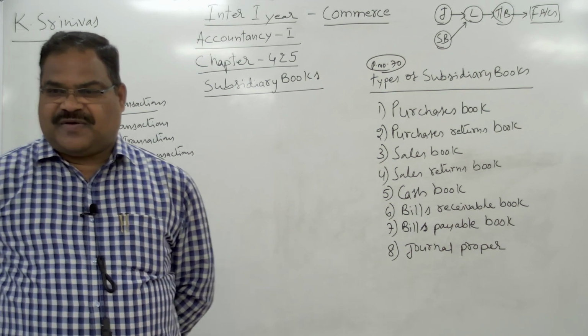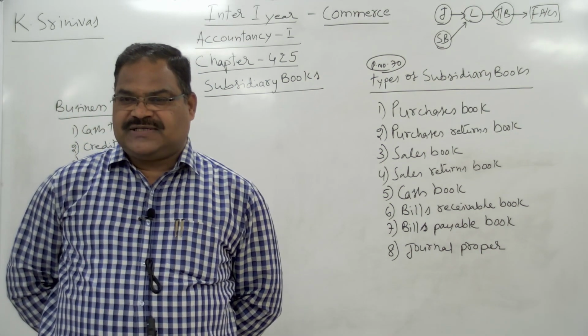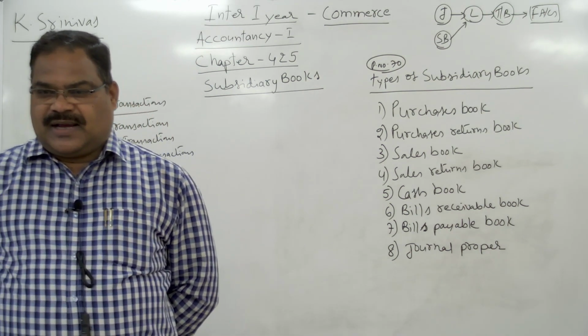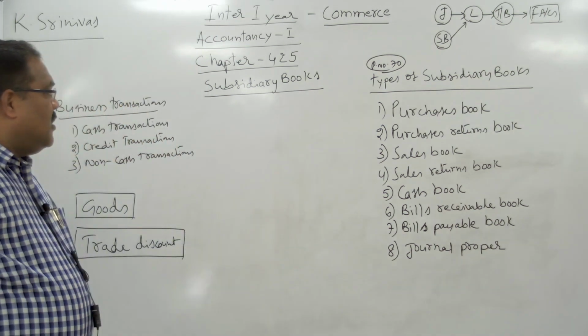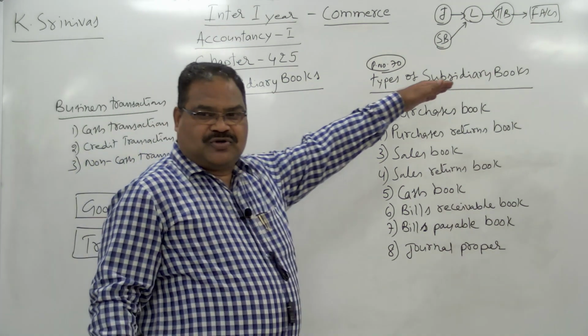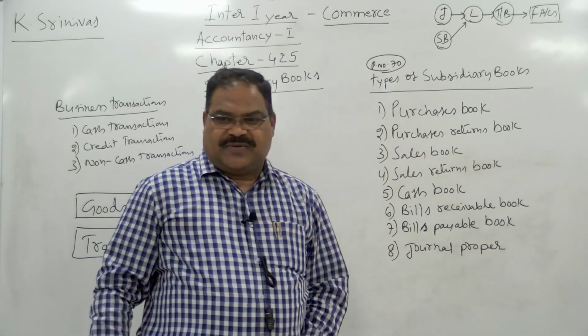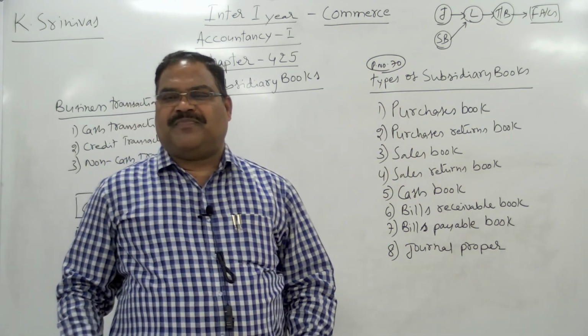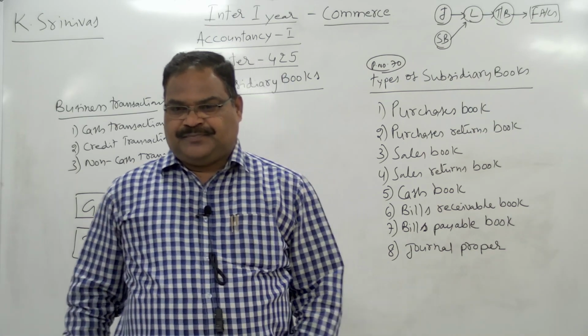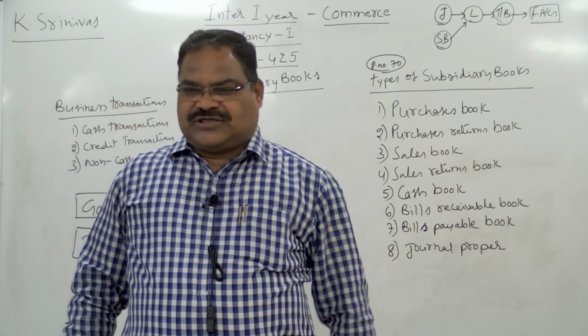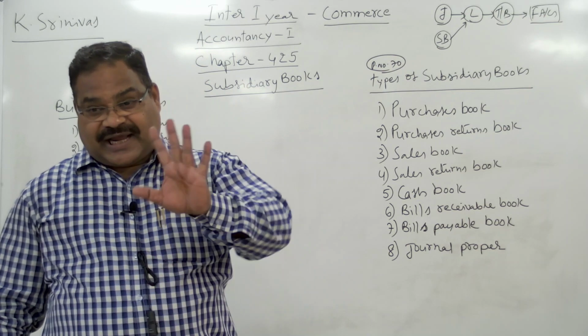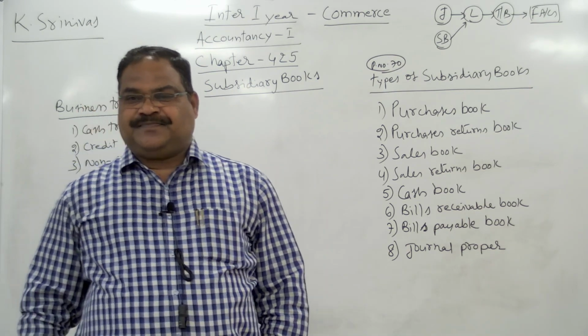This is taken from Accountancy 1 Commerce. Before going to the subsidiary books, the topic is subsidiary books, I would like to talk to you about the business transactions. What is a business transaction? How many types of business transactions are there?